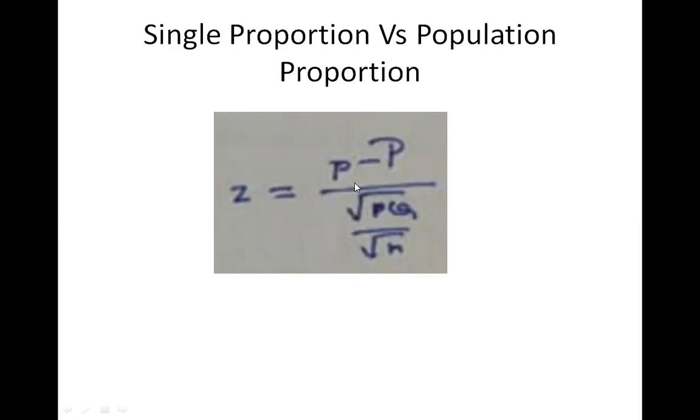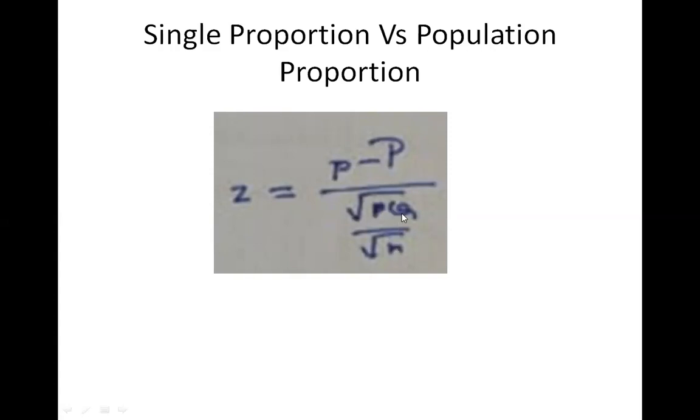Z is equal to the sample proportion minus the population proportion, divided by the square root of the population proportion multiplied by 1 minus the population proportion, divided by the square root of n.